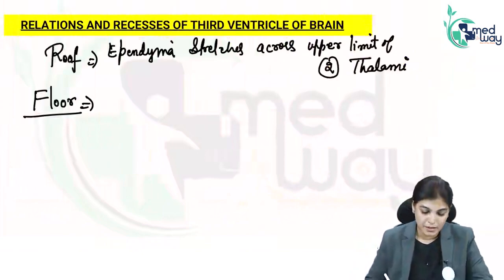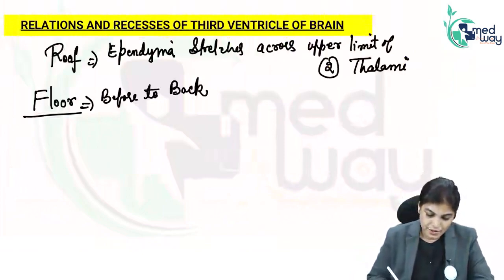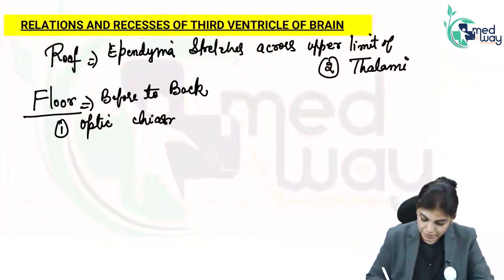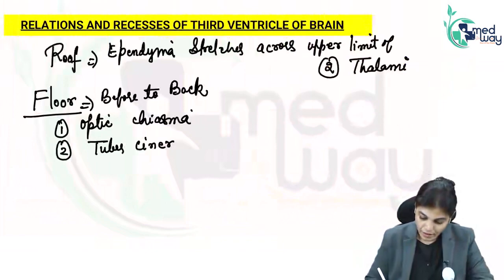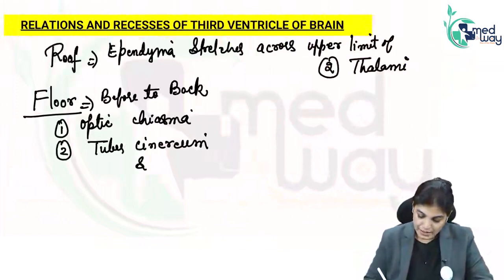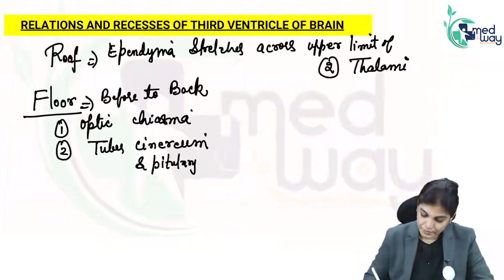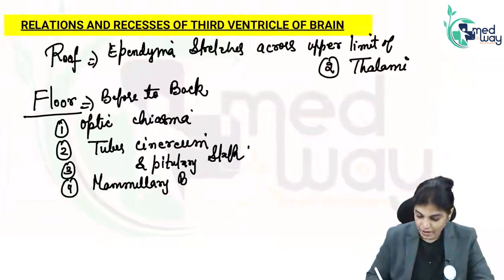Please write down the structures: the optic chiasma, tuber cinereum and the pituitary stalk, the infundibulum, then the mammillary bodies, and the posterior perforated substance.